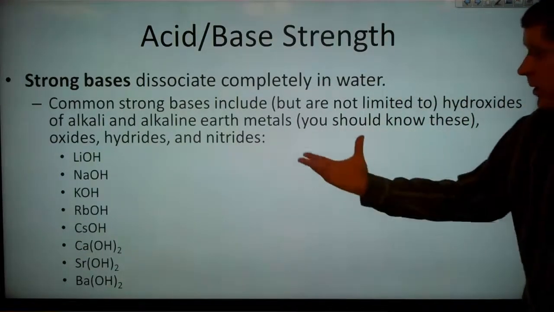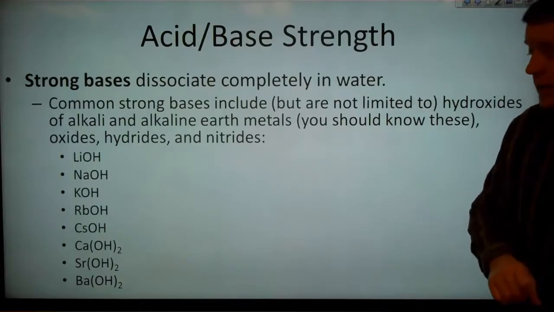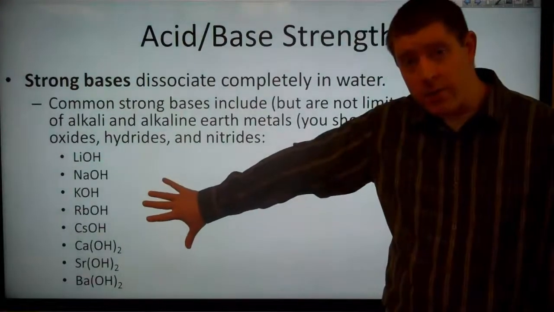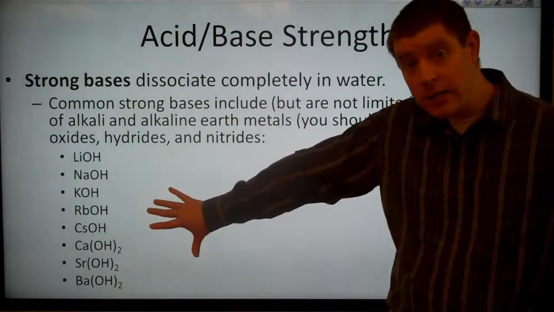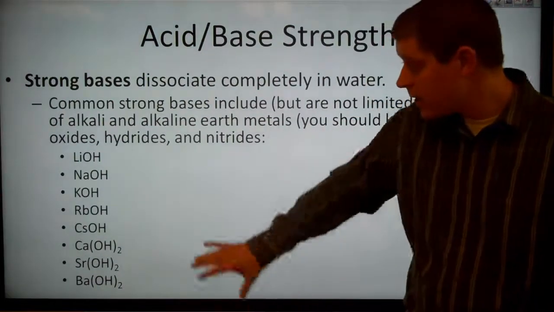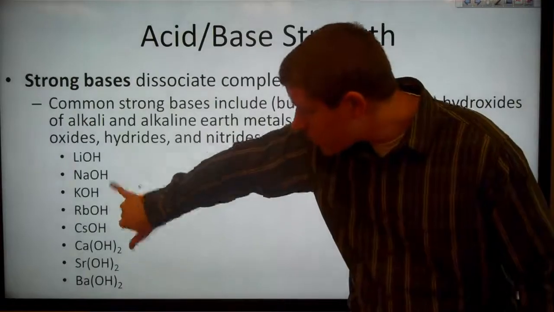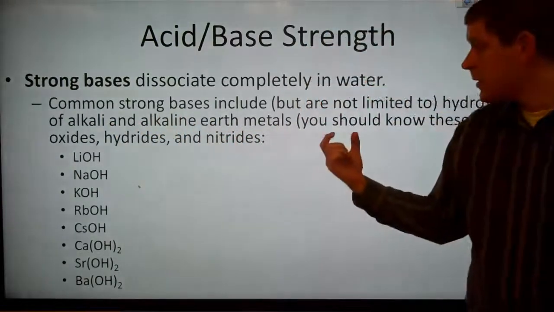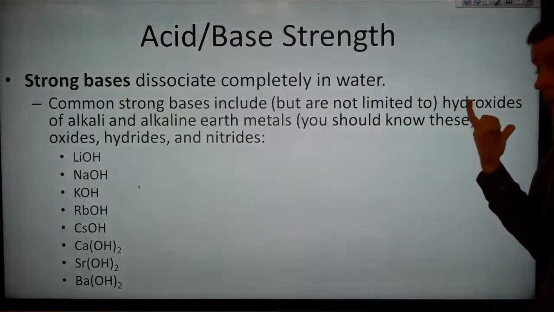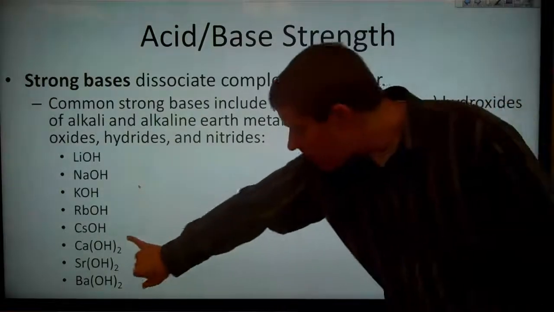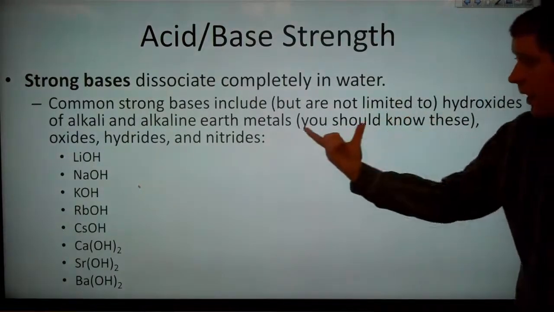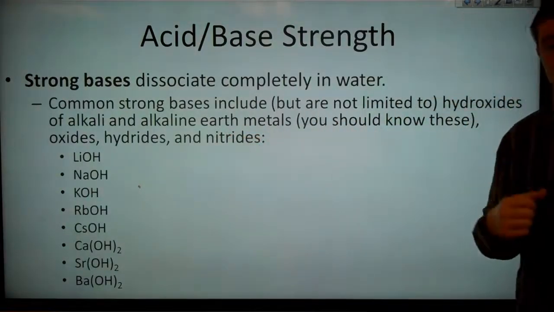They also include oxides, hydrides, and nitrides. These are the guys that in a general chemistry course, you should recognize as being strong bases. Again, these first 5 are all the alkali metal hydroxides, and the bottom 3, the calcium, strontium, and barium hydroxide, are the alkaline earth metal hydroxides.